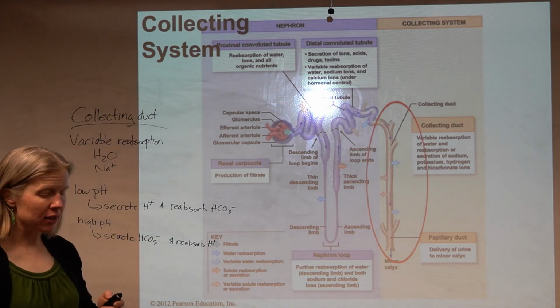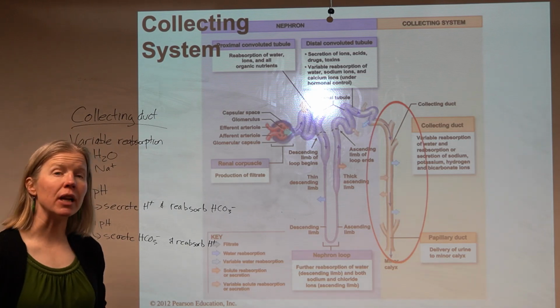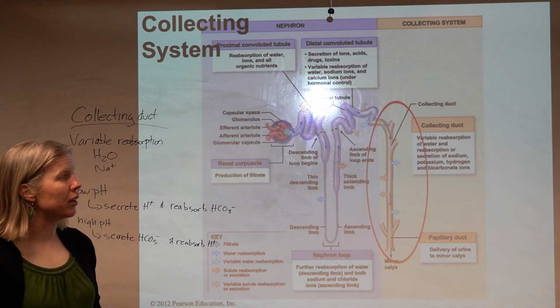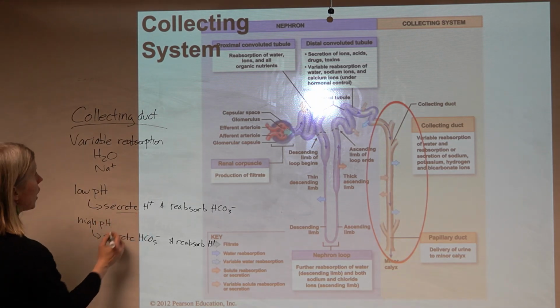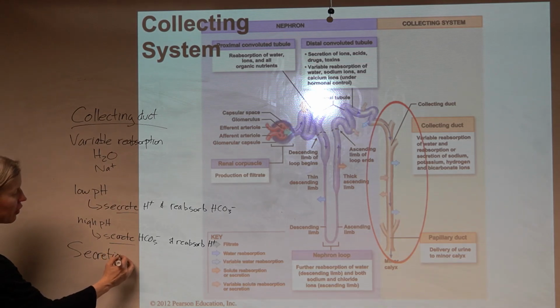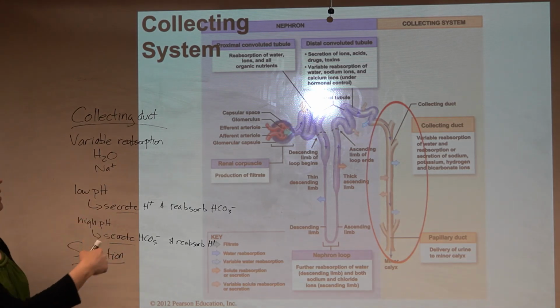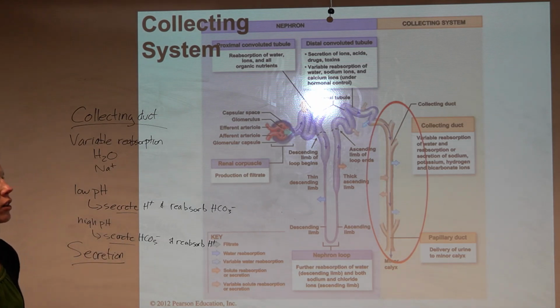So we will see that the kidney, particularly the DCT and the collecting duct, are really important in buffering blood pH. Right? Again, we're also talking about secretion here at the collecting duct, so various acids and bases, again, drugs, toxins, etc. can also be added here.